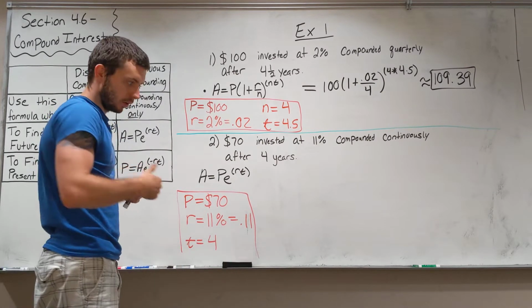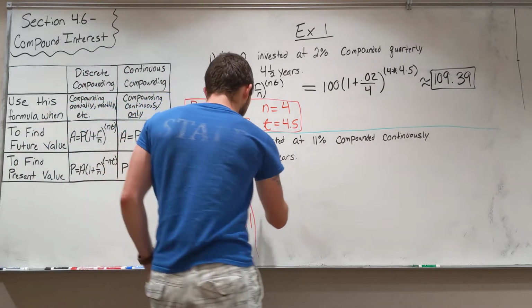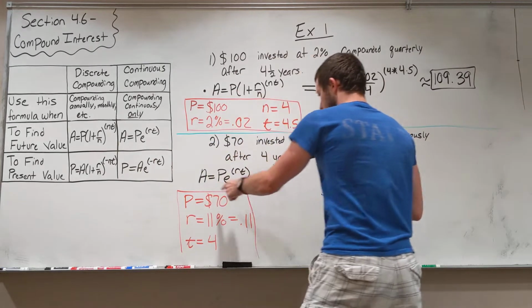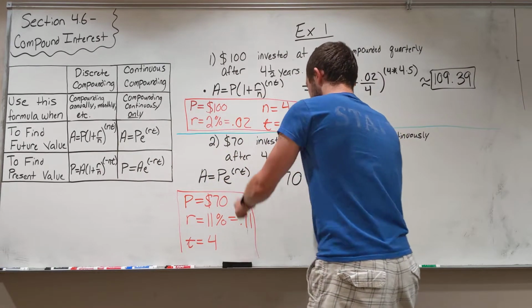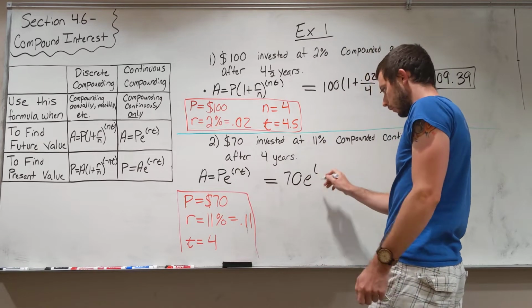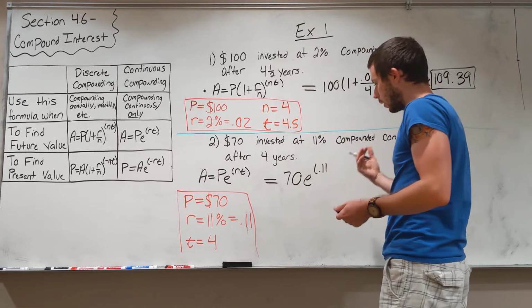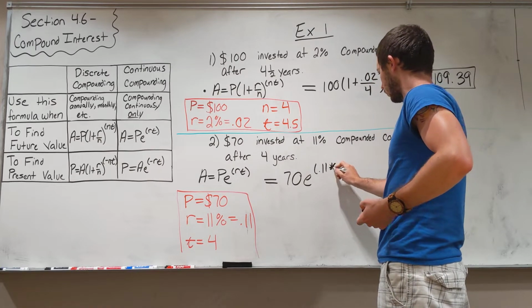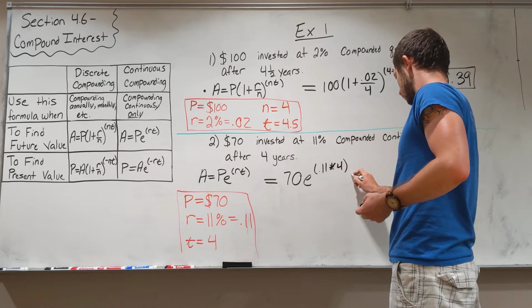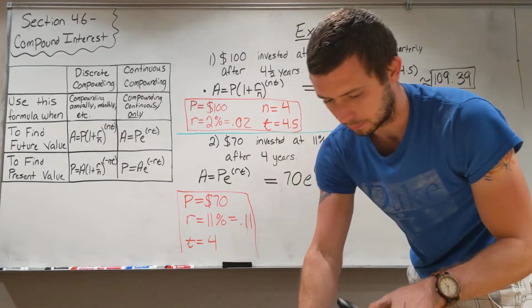Now that we have all of the givens, we can plug those in one by one. So P is 70, E stays as E, all of that raised to the open parentheses, 0.11 times 4. Let's plug this all into the calculator and see what happens.